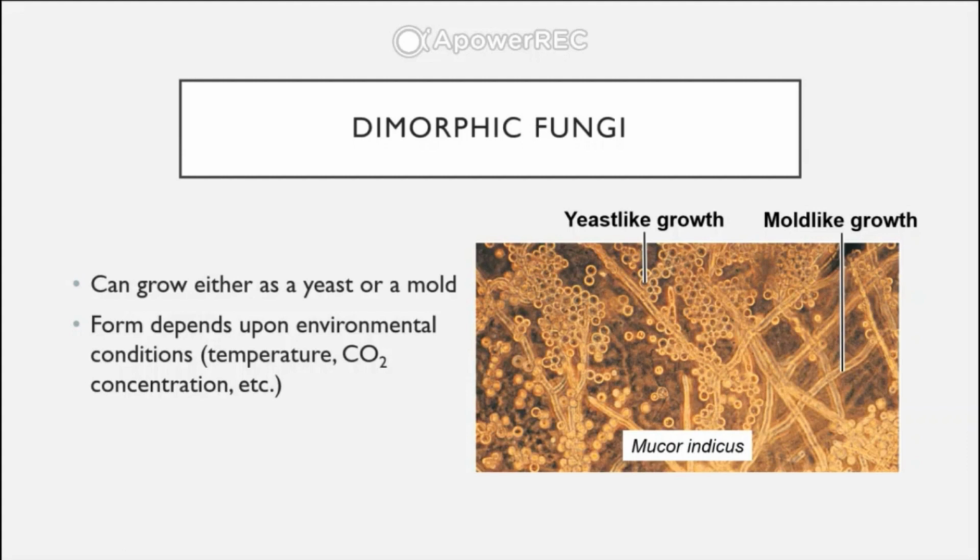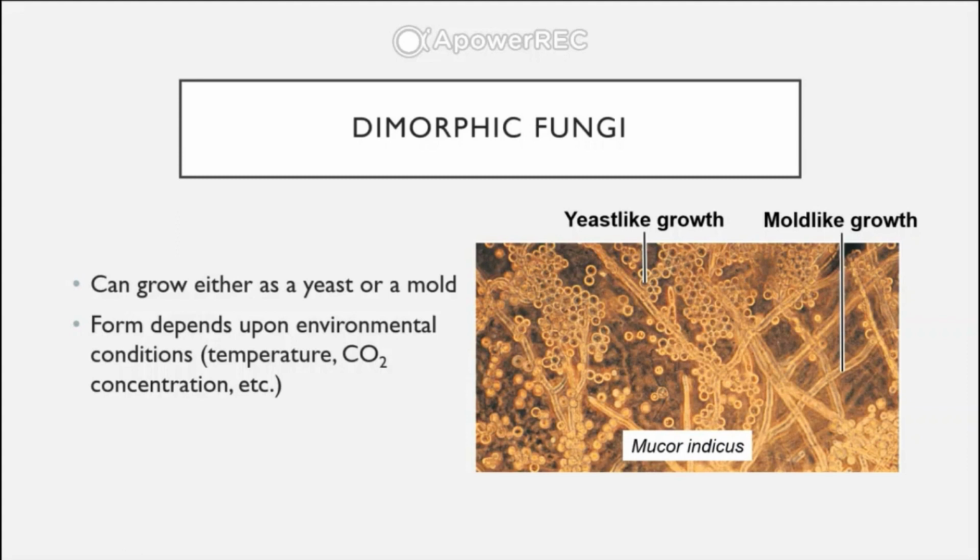For example, Mucor indicus, when grown on petri dishes, tend to have a mold-like growth on the agar plate, and this is induced due to high concentrations of CO2. Remember that yeast do a lot of aerobic respiration, preferably, and so if you have a collection of them fixed on a solid medium, then the amount of CO2 is going to go up as respiration occurs.